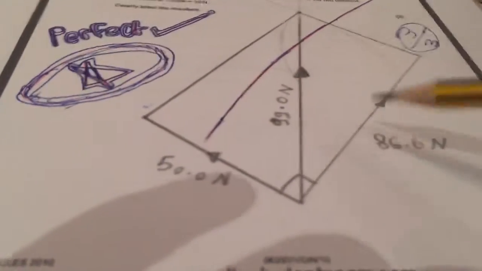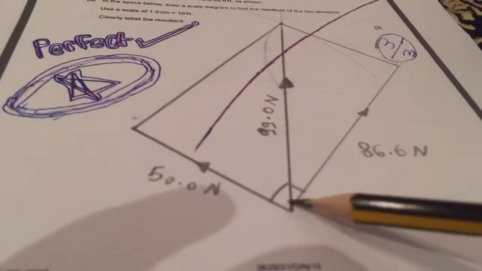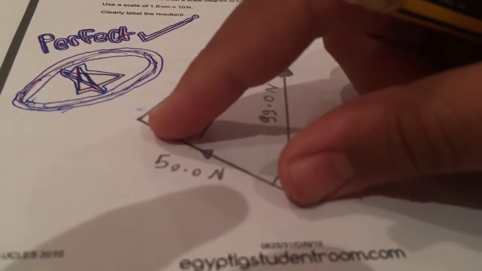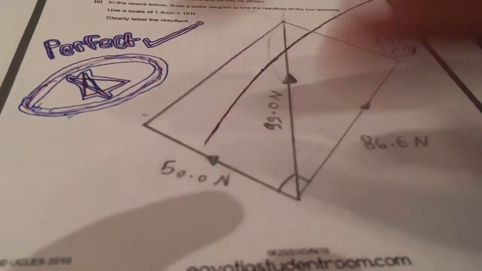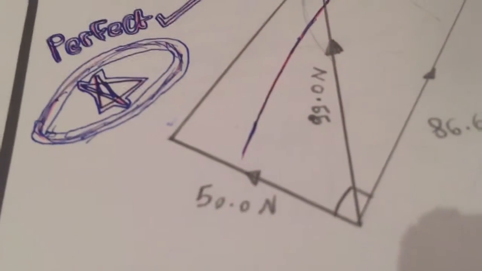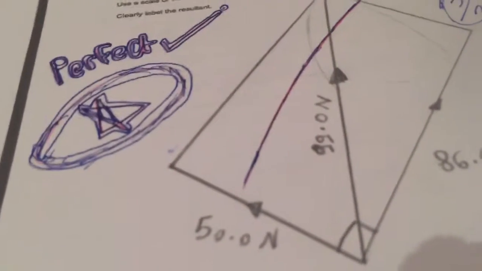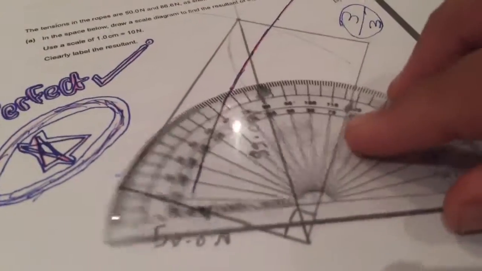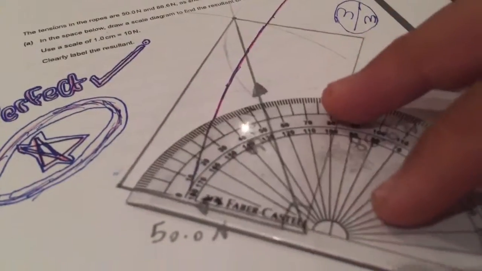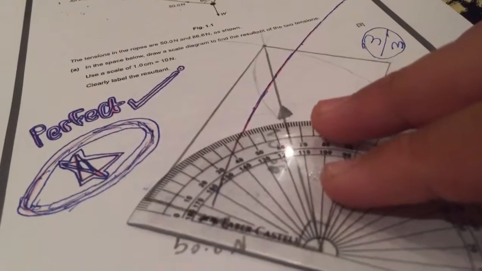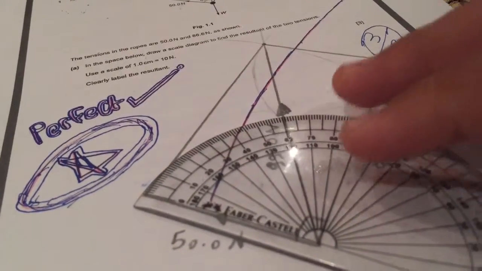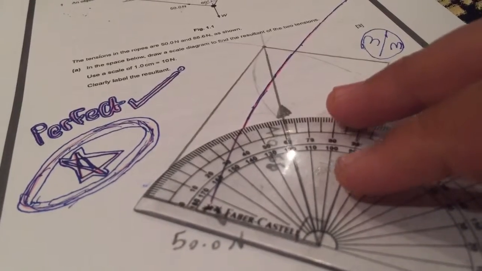You just draw it, and then from here you put the protractor, just like that. Okay, so let me bring my protractor and show you. This is 5 centimeters, so we put it like that, and the 180, as you can see, just let me position it.